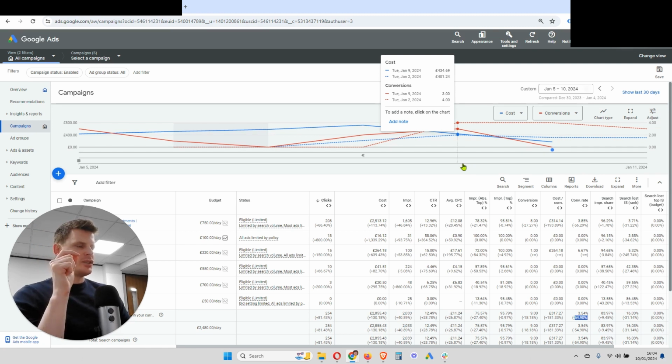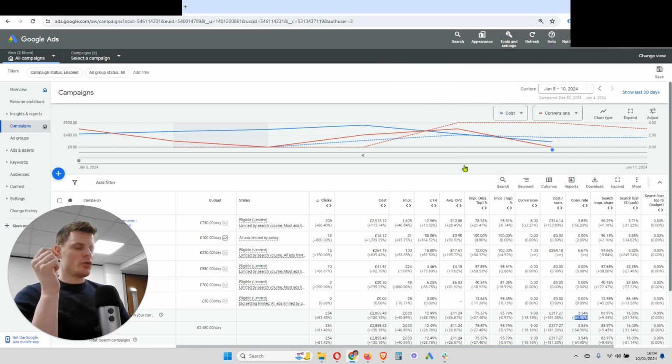But the early indication tells us that increasing the bids hasn't resulted in increased conversions, increased leads for the campaigns.